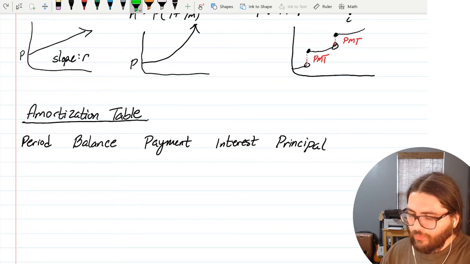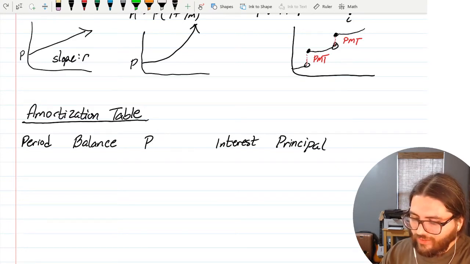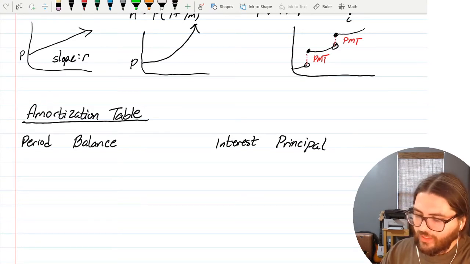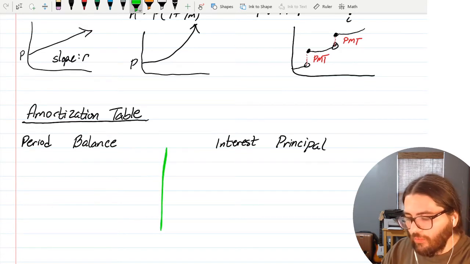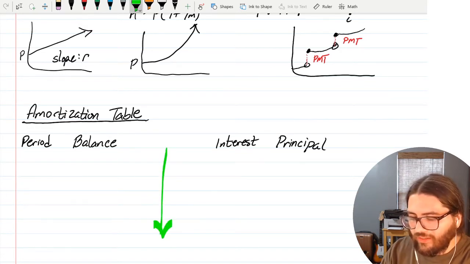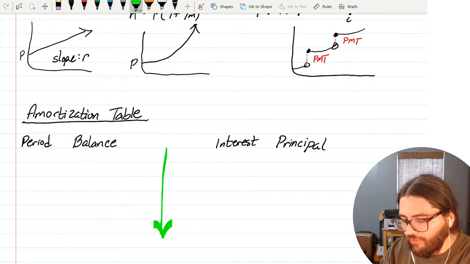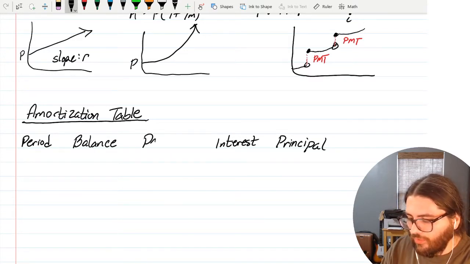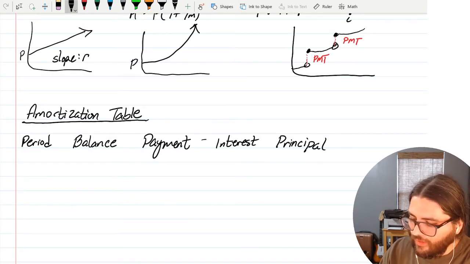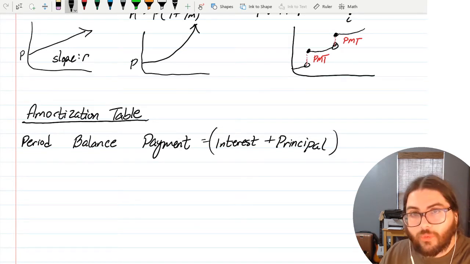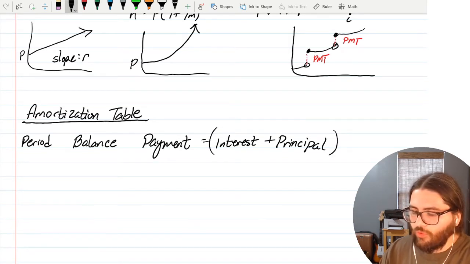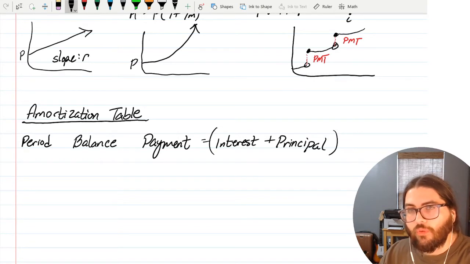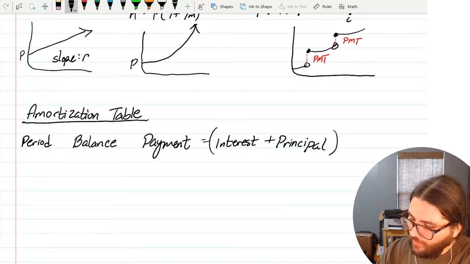So sometimes amortization tables do not contain a separate column for payment. That payment is going to be the same all the way down, except perhaps the very, very last payment. So sometimes this column is omitted because the payment is equal to the interest plus principal anyway. Those two things added together should equal the payment all the time.